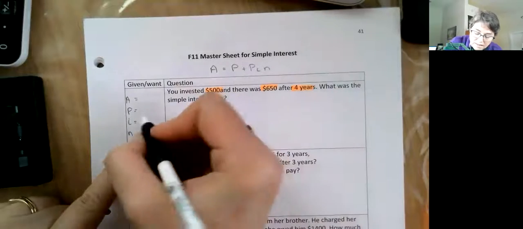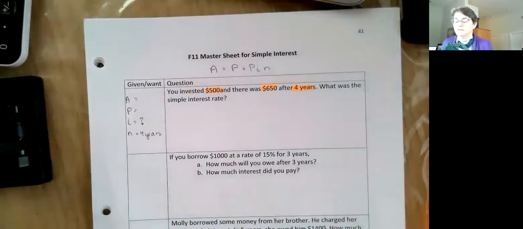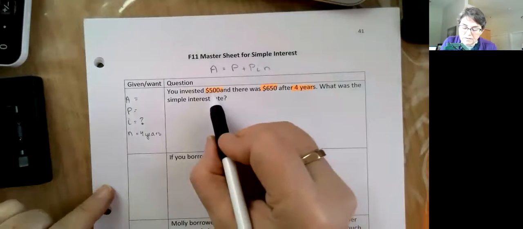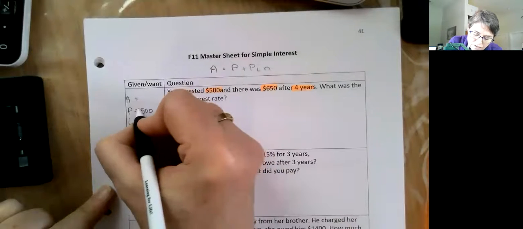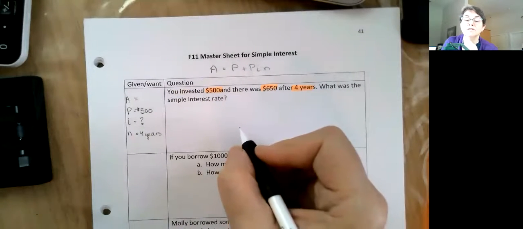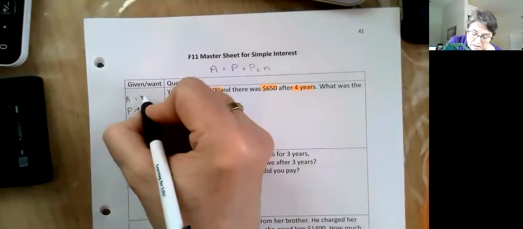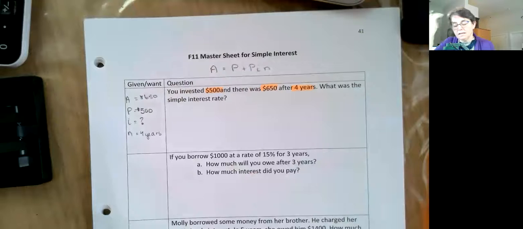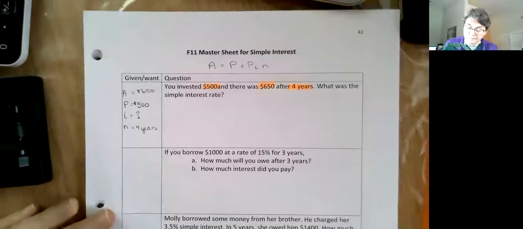And it says, what was the interest rate? We don't know that, question mark there. Now, you invested $500, so that is my principal. Remember, if you have 2 amounts of money on a question like this, the smaller of the 2 is always your principal, and the amount at the end is the bigger of the 2. That's what you want: to do an investment and have more money than what you started with.